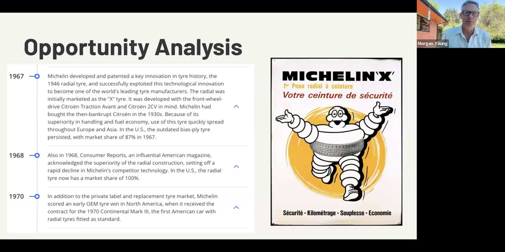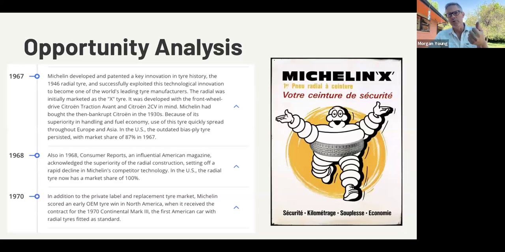So Michelin developed and patented a key innovation in their history, what we would call the steel belted radial tire, essentially chicken wire. It's been made a little bit more sophisticated now, but it started off as chicken wire inside the rubber itself. That created a more cohesive, stronger piece of tire that lasted a lot longer and was far less prone to blowouts.